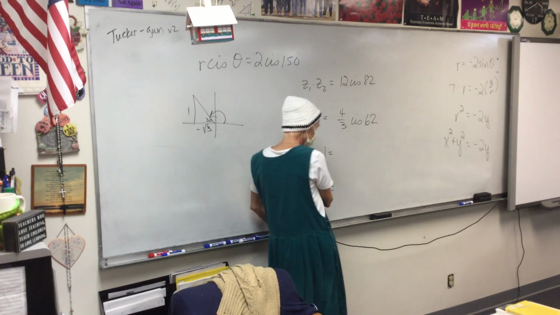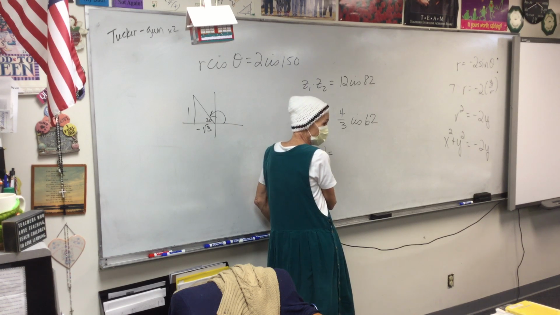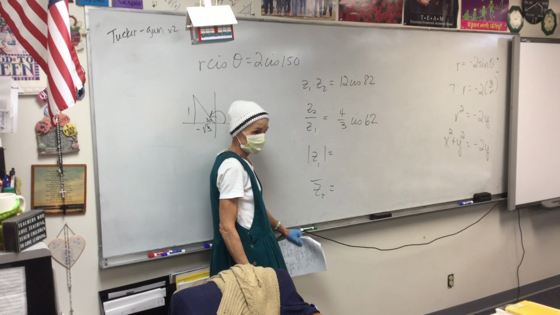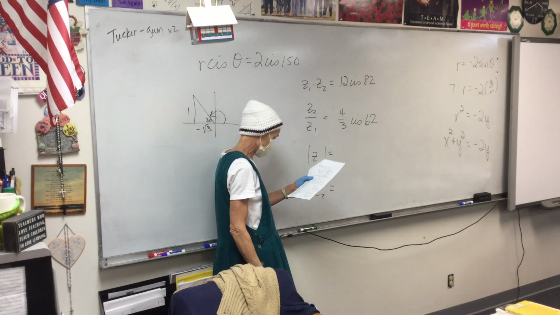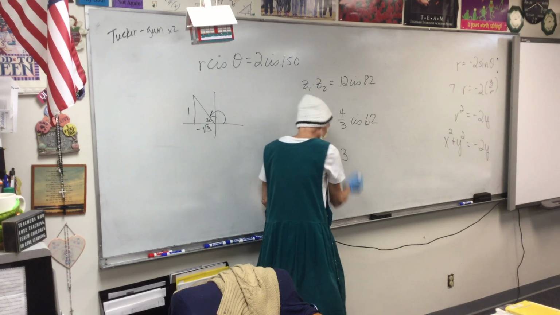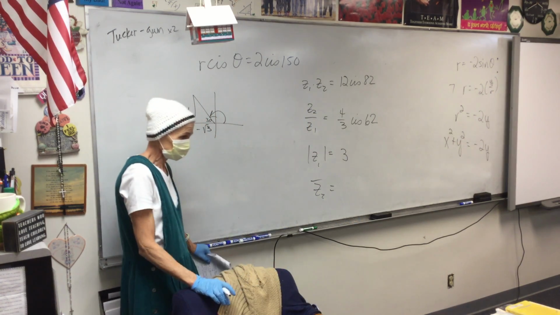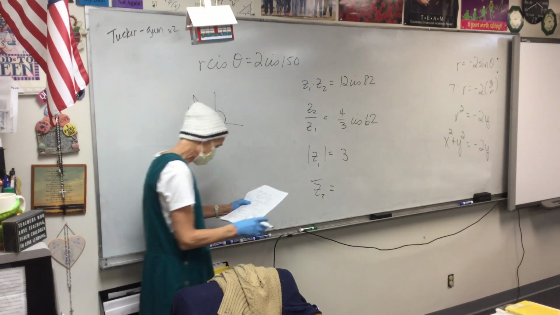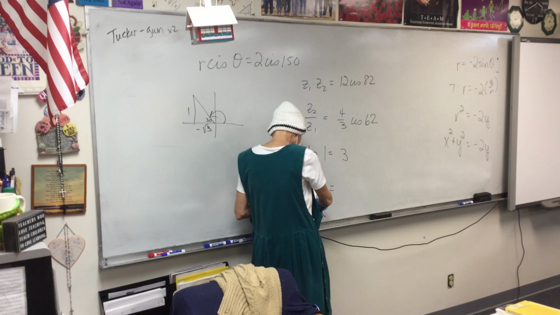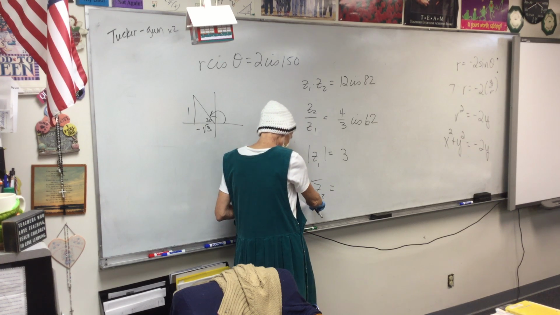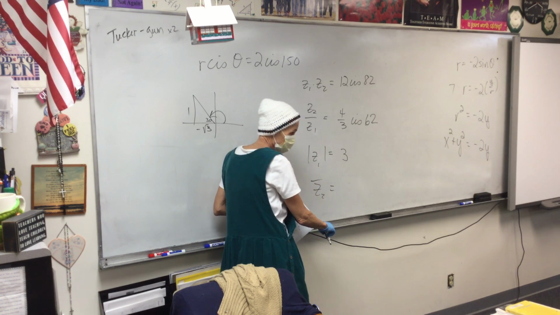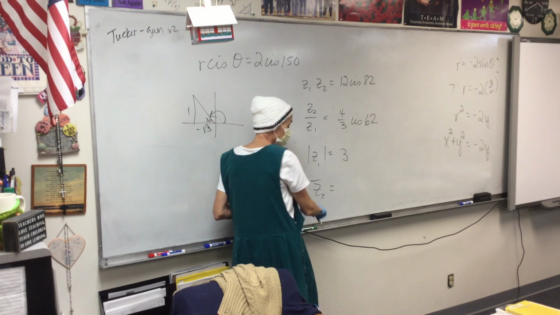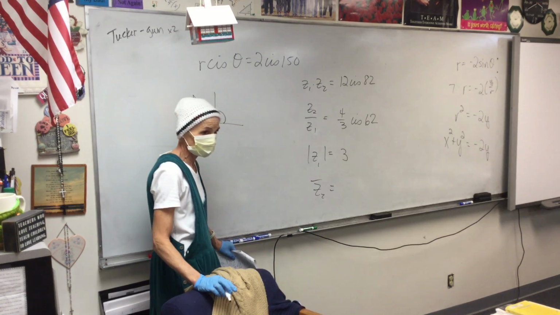What does this mean? Magnitude. In a polar form number, the magnitude is just R. So for Z sub 1, that would be 3. And what does this mean? The conjugate. And how do we find the conjugate of a number in polar form?